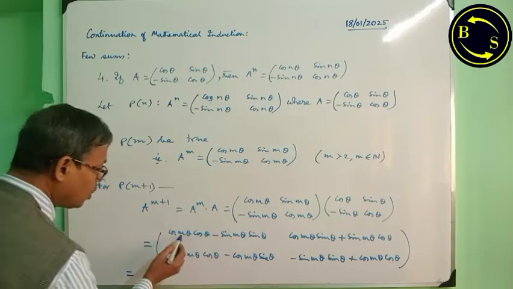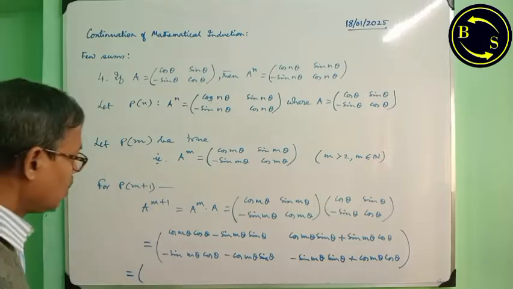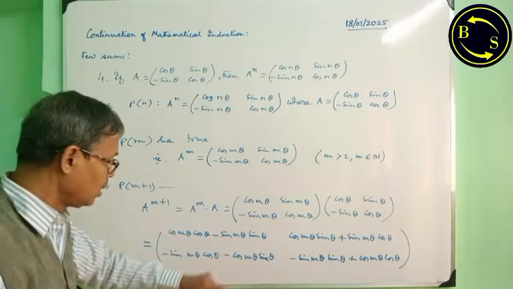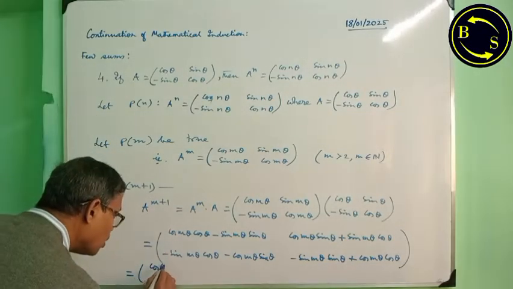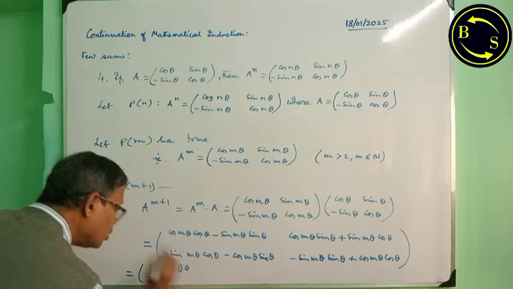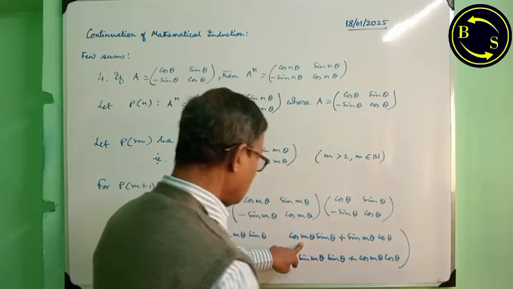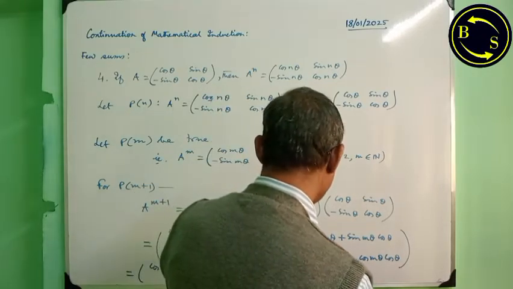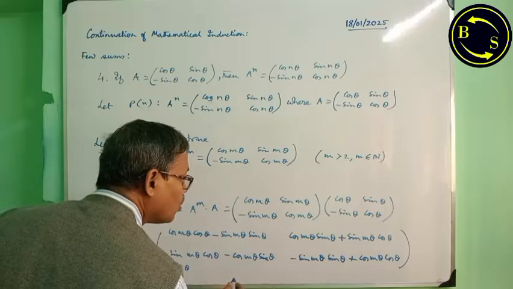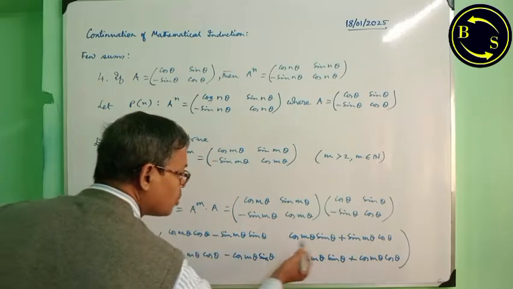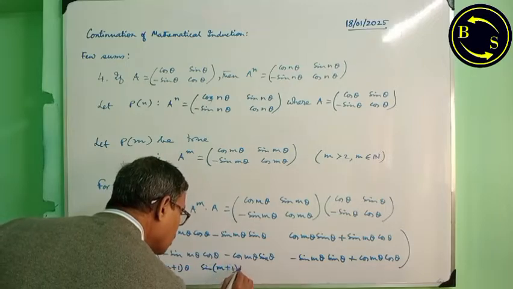Now this is of the form cos A cos B minus sin A sin B. Cos A cos B minus sin A sin B, that means cos of A plus B. Cos m plus 1 theta, and this is cos A sin B plus sin A cos B, or sin A cos B plus cos A sin B form, that is sin m plus 1 theta.